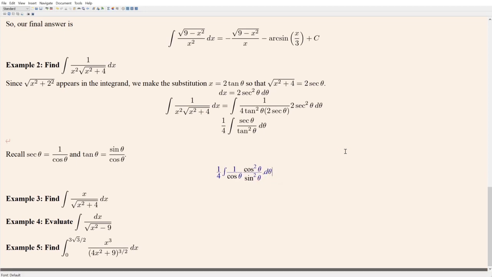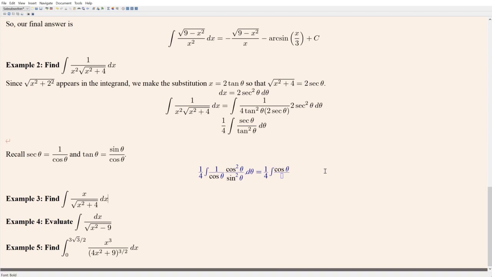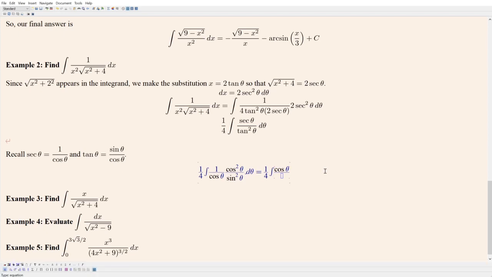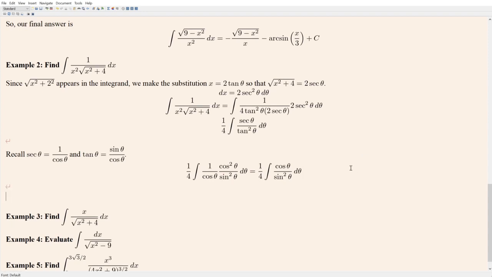So this wasn't a terrible idea, because we can see now that one of these cosines is going to cancel. So we have one cosine on top and two sines on the bottom. Now we are in the position to just do an ordinary u substitution, because if I let u be sine, the derivative of u is cosine, so this cosine up here is going to end up getting canceled out.